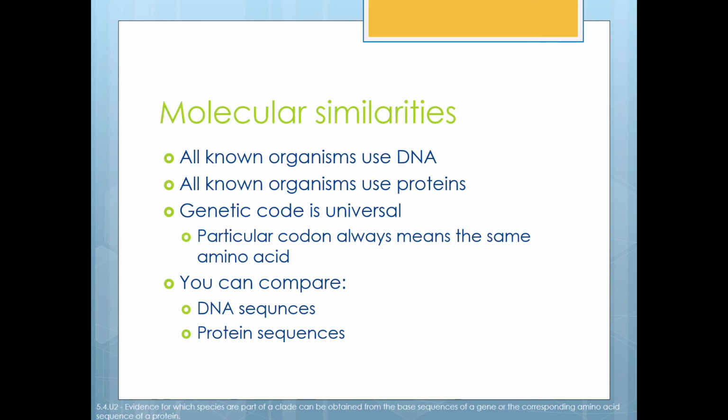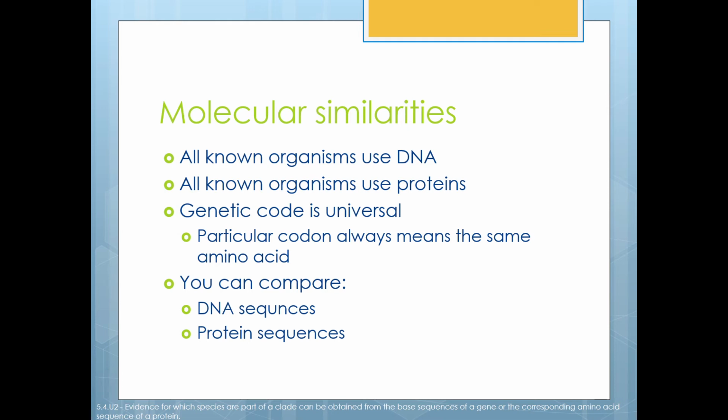The background for this way of comparing organisms is, of course, molecular similarities between all organisms. All organisms on Earth use DNA as a storage of genetic information. Moreover, all of them use proteins as the crucial biological machinery. And finally, DNA encodes proteins using the genetic code, which is universal, the same for all organisms in the world.